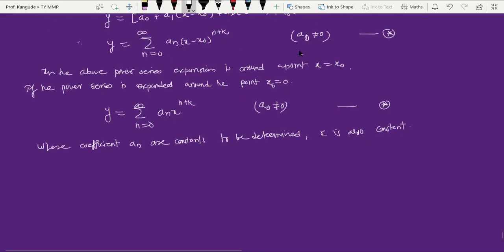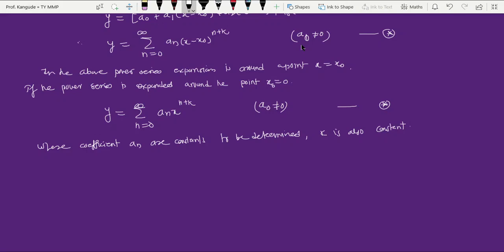And remember, if a0 is equal to 0, then nothing will be possible in this particular power series, because a0, a1, a2, a3 etc. are connected to each other. If a0 and a1 are 0, then a2 will be 0, because all these coefficients are connected to each other. How? That is what we are going to discuss later on.